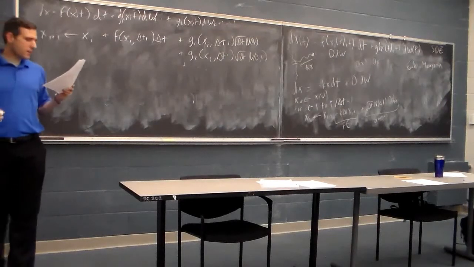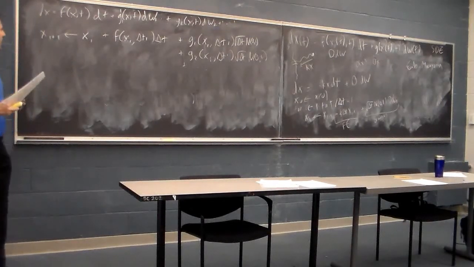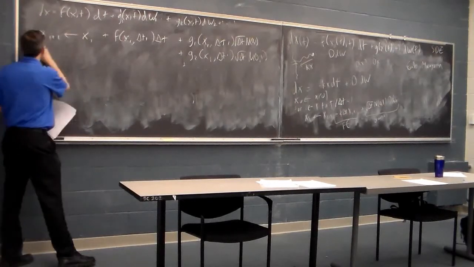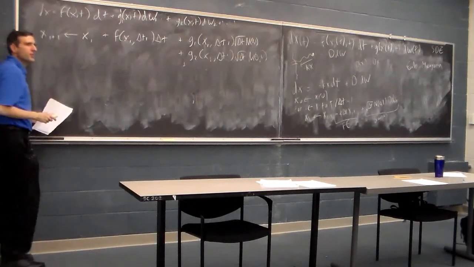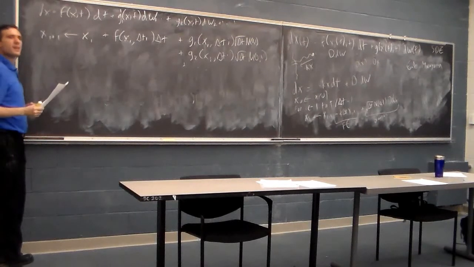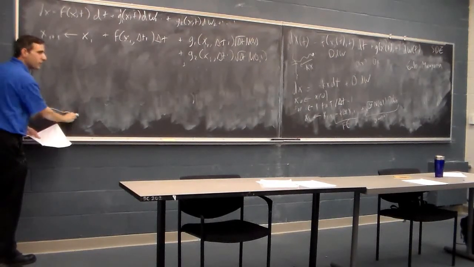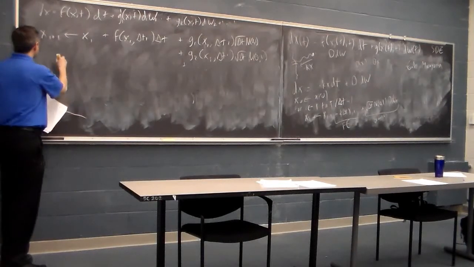Okay, so let's see another example of where this kind of thing might come up. One place we might be interested in using a stochastic simulation is, let's say we're looking at a model of a chemical reaction system. So we've seen various ways of simulating chemical reactions.